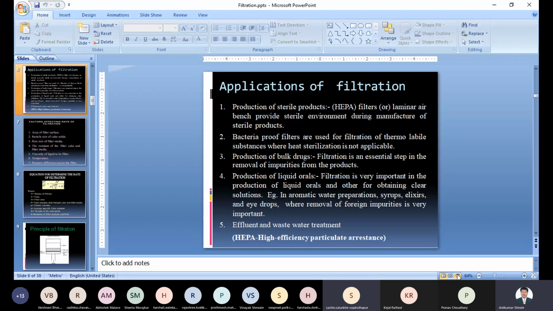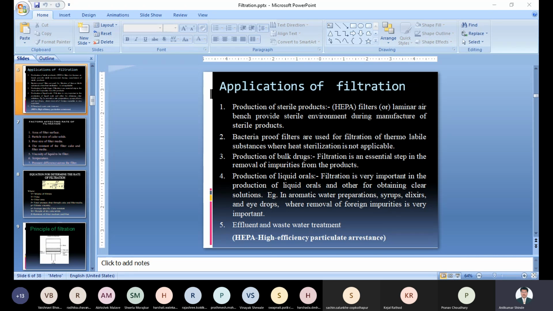So there are different applications of filtration. If you want to prepare any parenteral formulation, you use a laminar airflow bench. There are various types of laminar airflow bench, vertical type or horizontal type, mainly used to prepare sterile formulations.